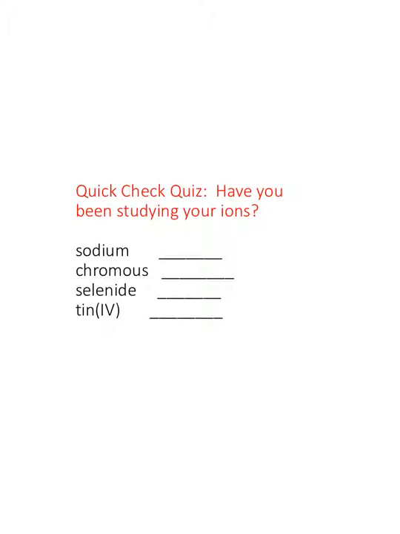All right, so let's do a little check ourselves quiz here before we end our day. See if you've been paying attention, all right? So sodium. Sodium is in group 1A, so sodium symbol is Na, and it is a 1+ charge. All right, now you will never see chromus, but I'll tell you what it is.